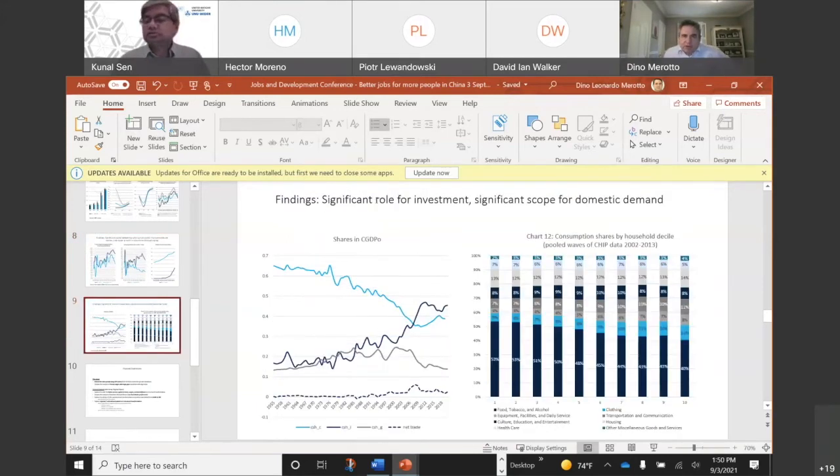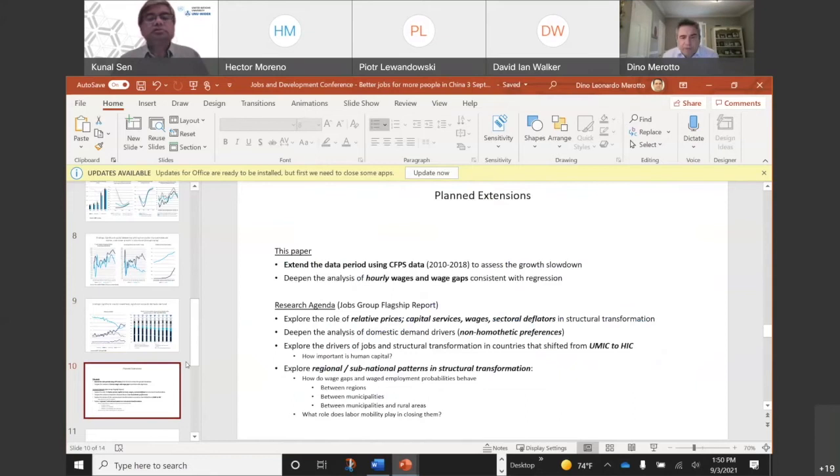There was a significant role for investment, but there is significant scope for domestic demand. Interestingly, in China, the richer people, their pattern of consumption doesn't look too different from people at the lower end of the chain. So we think there's a lot to be got from domestic demand in terms of driving structural change further.